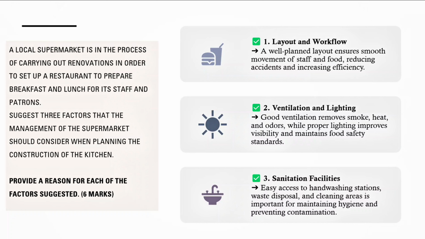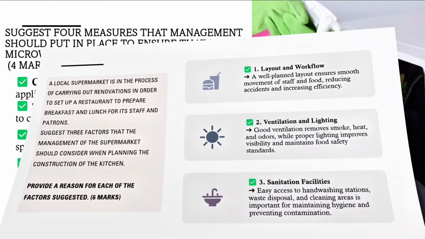Easy access to hand washing stations, waste disposal, and cleaning areas is important for maintaining hygiene and preventing contamination. So your task was to suggest 3 factors. Suggesting it and expounding on it, that's how you would get your full marks.